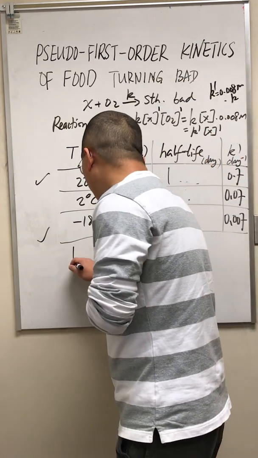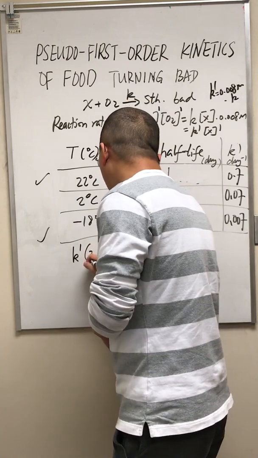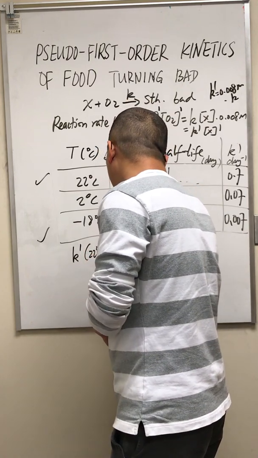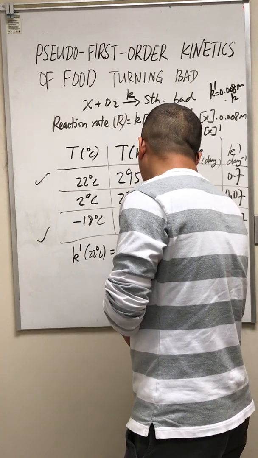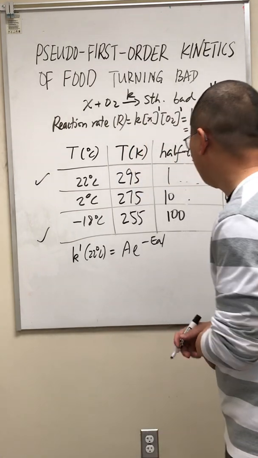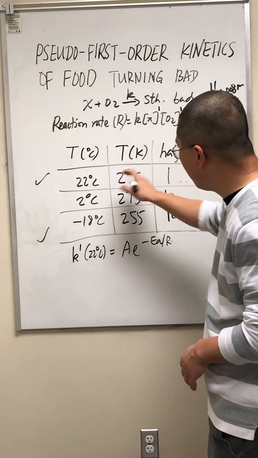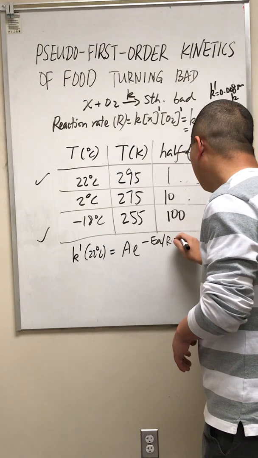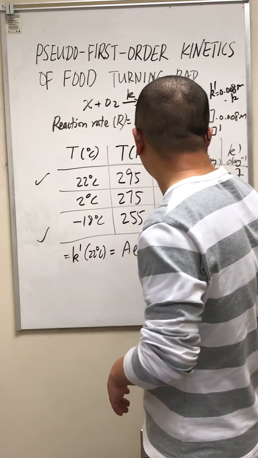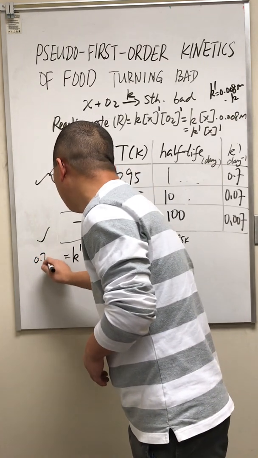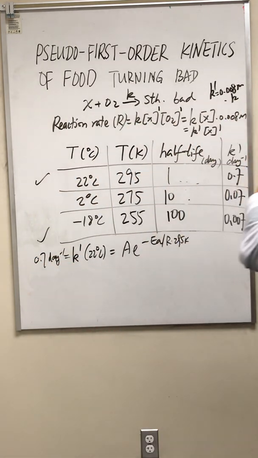So I have k prime at 22 degrees Celsius is equal to A e to the power of -EA divided by RT. R is here. T, we'll have to use Kelvin here, 295 K. So this is equal to 0.7 day to the power of -1. That's my first data point.